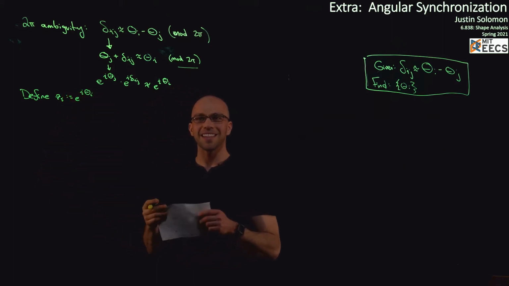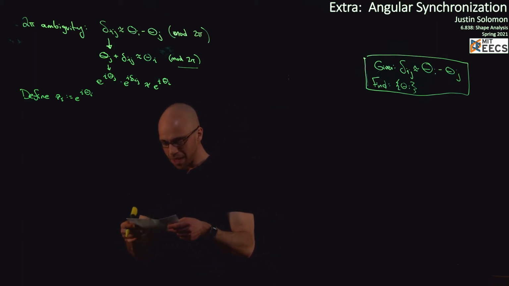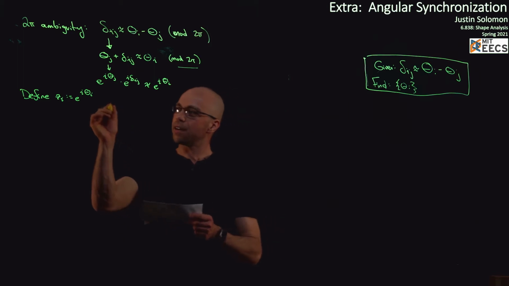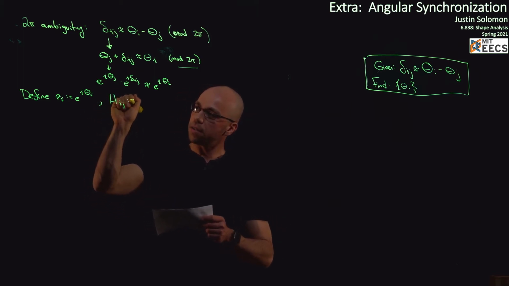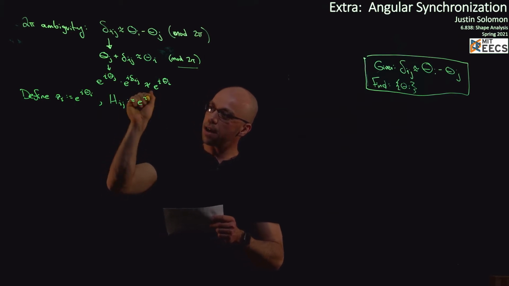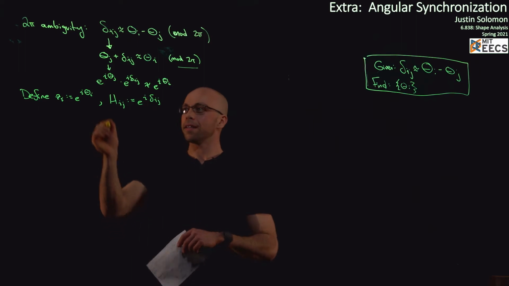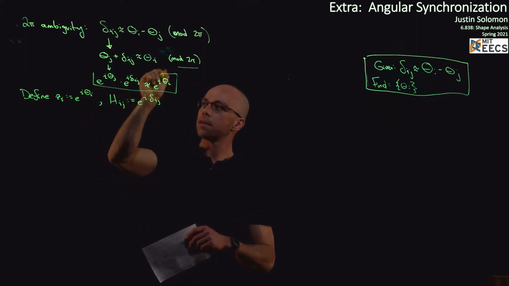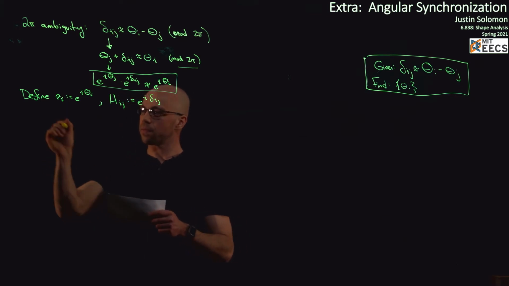I'm realizing that saying that out loud is kind of hard to parse, but hopefully it makes sense. I'm going to define capital H_ij equal to e to the i delta ij. Well, then by this expression here, now we can simplify things a little bit, which is nice.